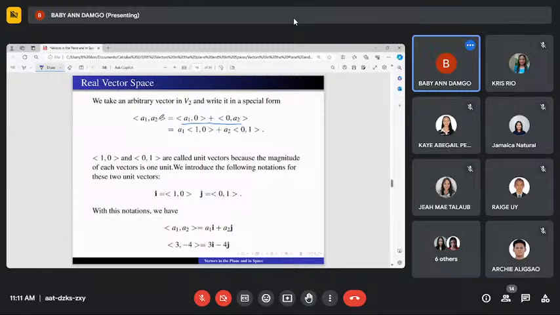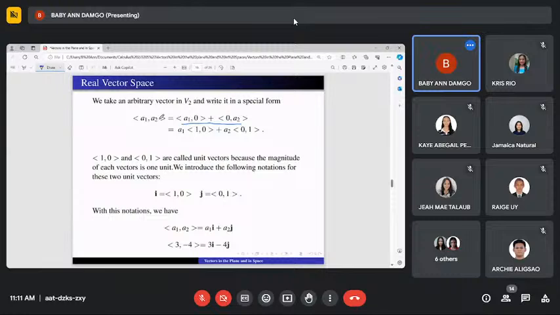So from here, we can create a right angle in which this is our A sub 1 and this is our A sub 2. So this is the hypotenuse, which in terms of the vector is the length from this point to this point, and it is the magnitude.